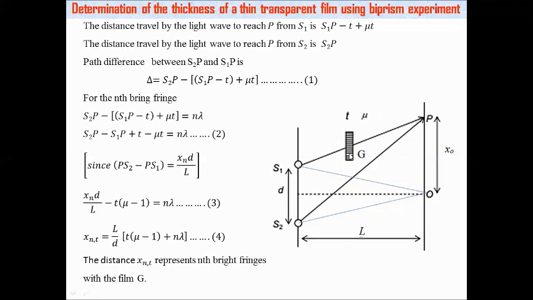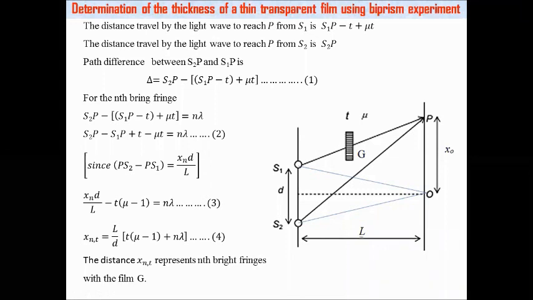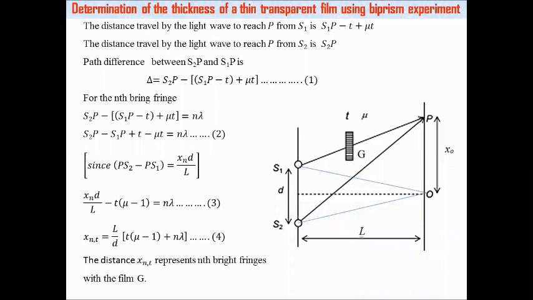is mu t. Since the optical path equals the geometrical path times the refractive index of the medium, the distance traveled by the light wave to reach P from S1 is S1P minus t plus mu t.